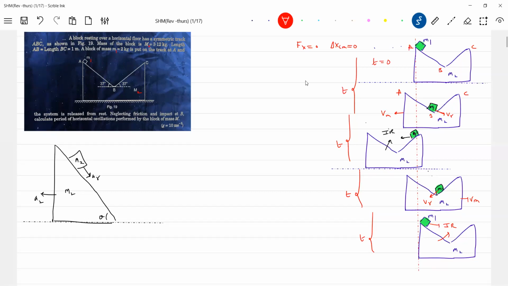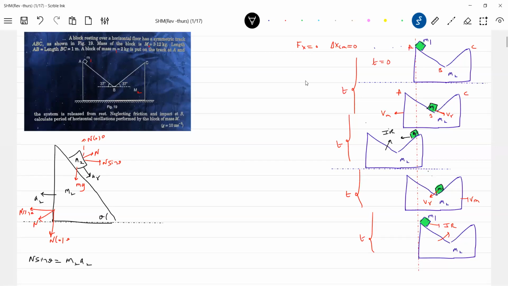So what are the forces that will be acting? N sine theta, if I resolve it, acts on the wedge. I'll get into writing the equations. So N sine theta equals M2 A2, with respect to which the block will slide down along the inclined plane.